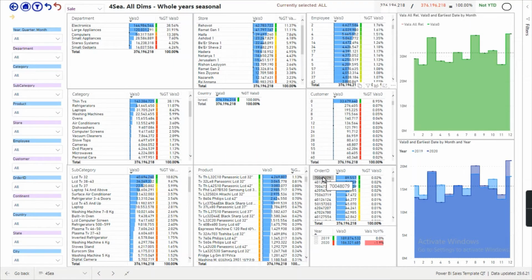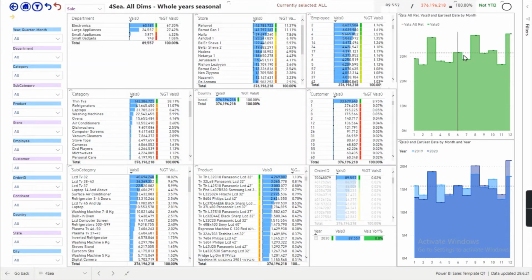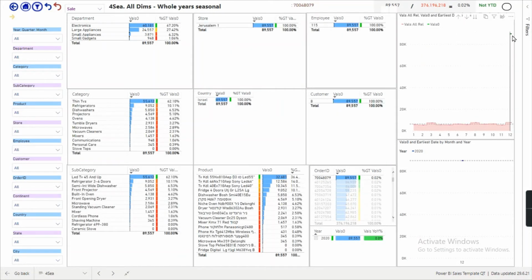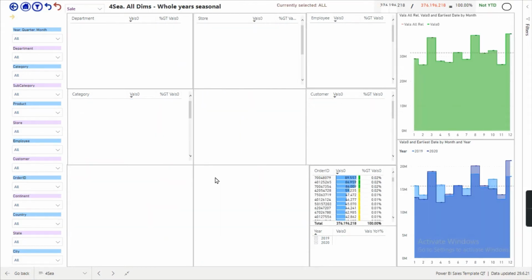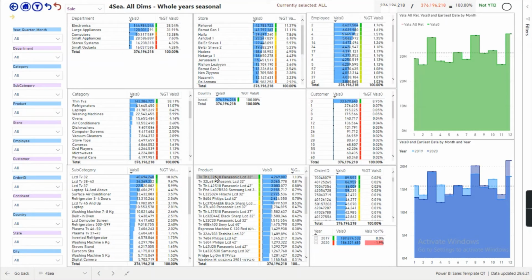Orders is not interesting because it's only one day, so it will always be only a point on this graph. That's the order on the 1st of December 19. So this graph is of no use for orders and for products. Let's see the biggest product, CD32.